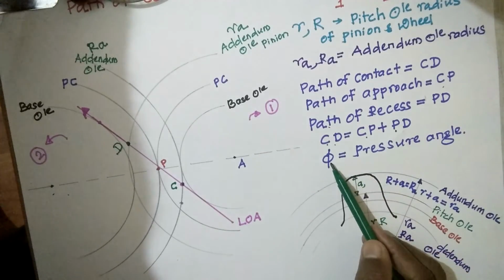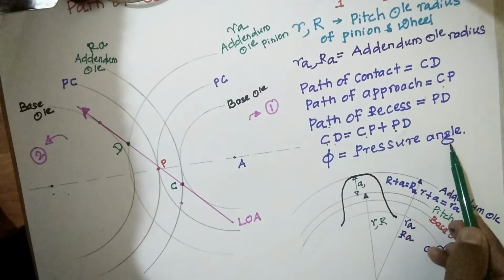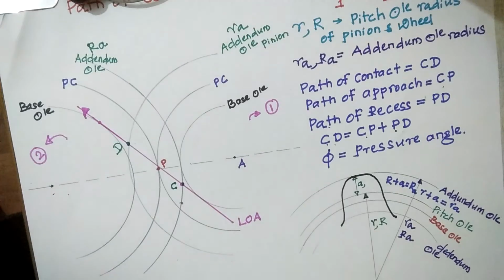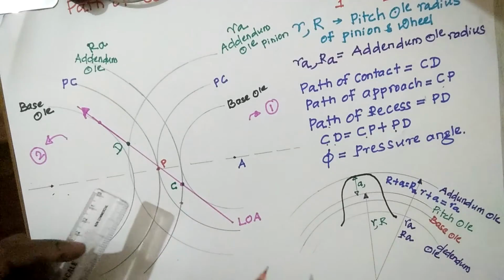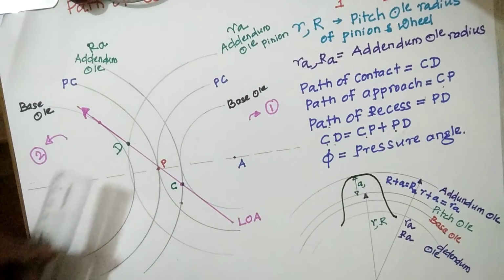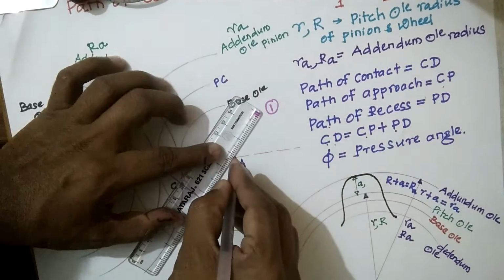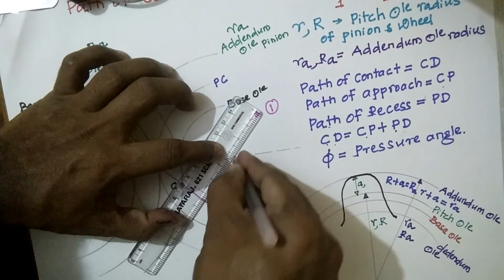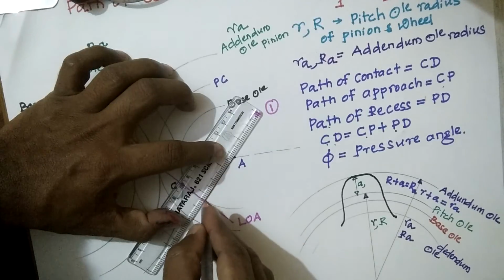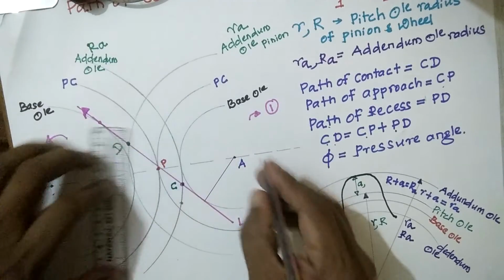Then one more designation I have taken: phi is the pressure angle. We can say that is the pressure angle. I'll draw the pressure angle also here, where it makes a tangent. This is nothing but the pressure angle.